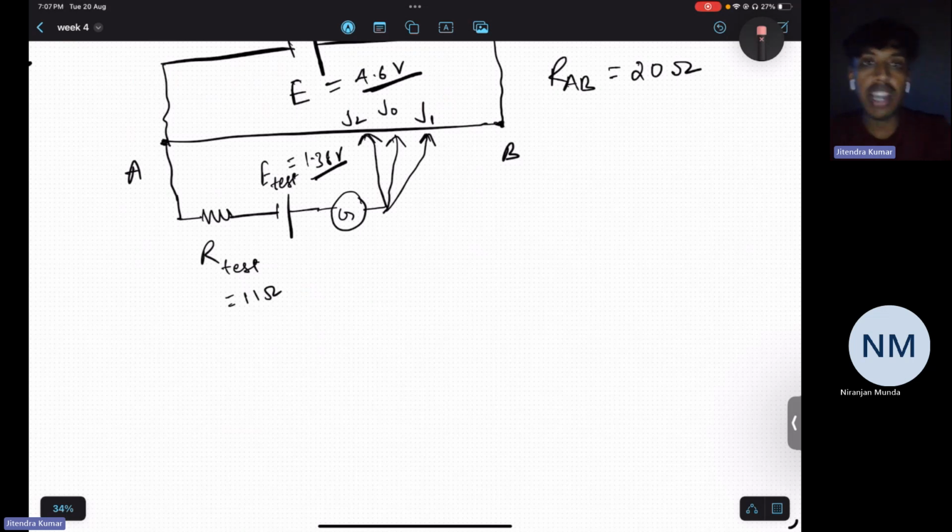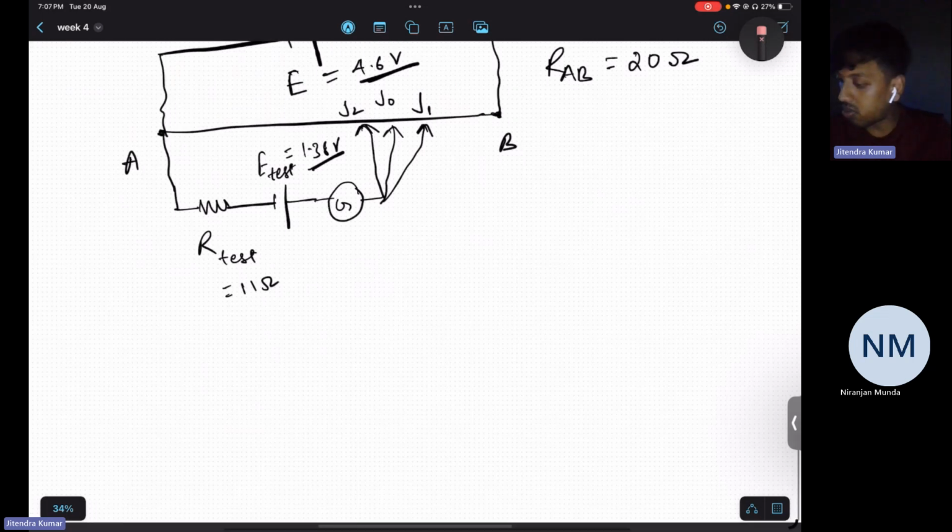When null is obtained with a standard cell in the calibration phase, no current was flowing through the cell, so there was no voltage drop.